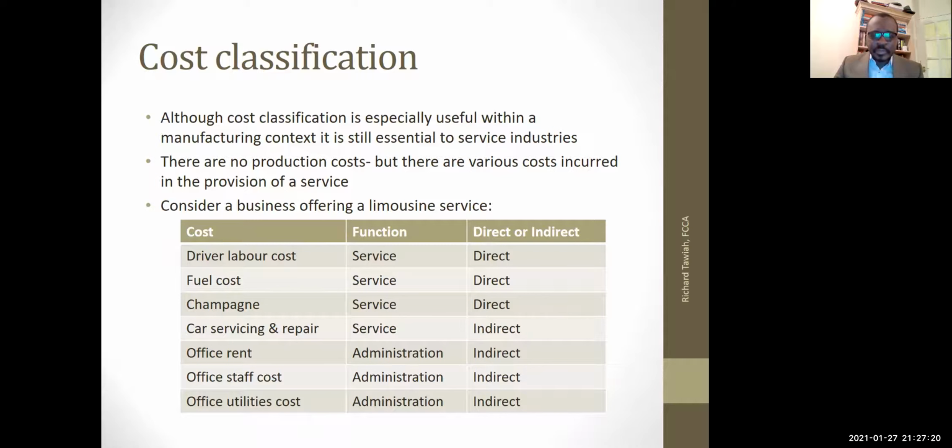It's a direct cost. Car servicing and repairs. It is not direct. It doesn't go straight into the service function, okay? You service the car, you repair, make sure it's in good shape. Office rent and office staff cost, office utilities, these are all indirect costs which are related not to the service we are providing, but to the administration of the service we are providing.